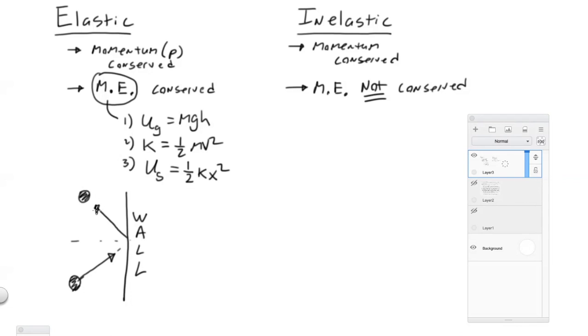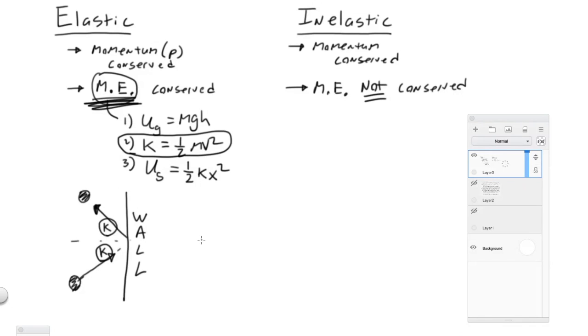If this collision is elastic, basically what we're saying is the mechanical energy before the collision equals the mechanical energy afterwards, which generally speaking is going to be kinetic. The moment before a collision, you're going to have kinetic energy, and the moment after the collision, you're going to have kinetic energy. So if the kinetic right before the collision equals the kinetic right after the collision, that's elastic.